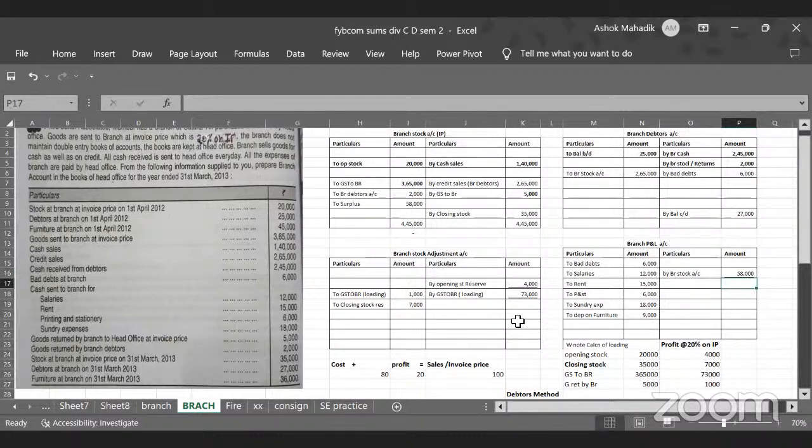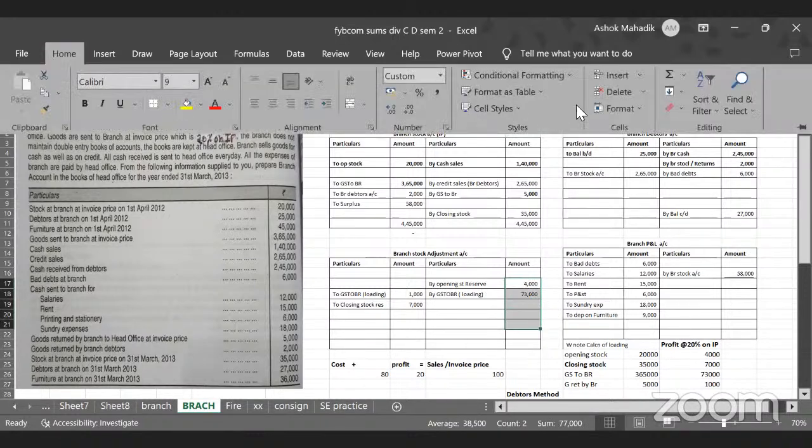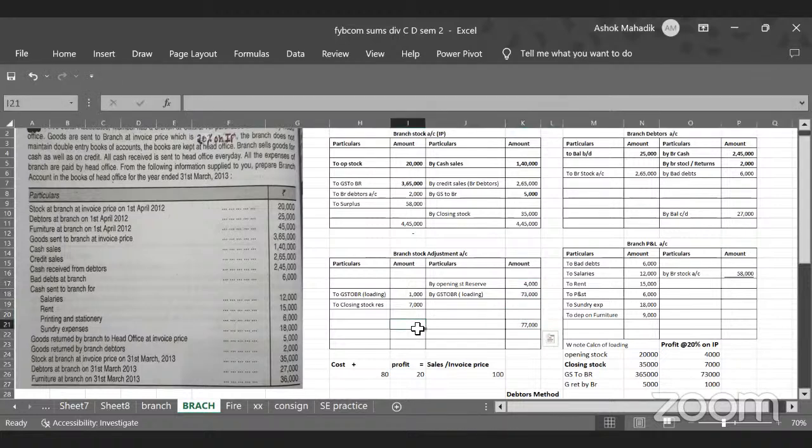Then we'll close branch stock adjustment account. Same fashion. 77,000. Here, whatever balance you will get will be your profit. It will be gross profit. So I'll write here to GP.